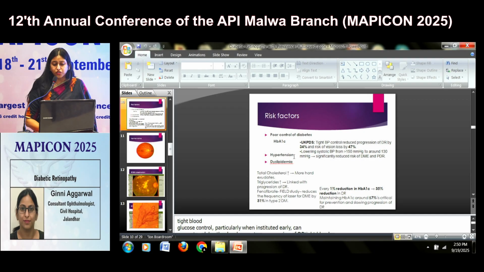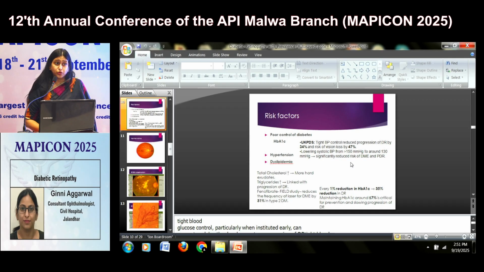For hypertension, it's just a basic understanding that if the blood pressure is high, there will be more leakage from the damaged vessels. So tight BP control reduced the progression and risk of vision loss by 47%, which is very significant. Lowering the blood pressure from 150 to 130 significantly reduced the progression of PDR.